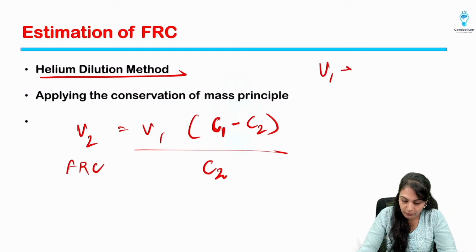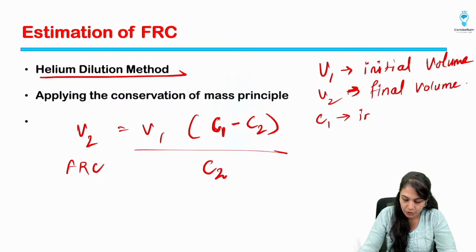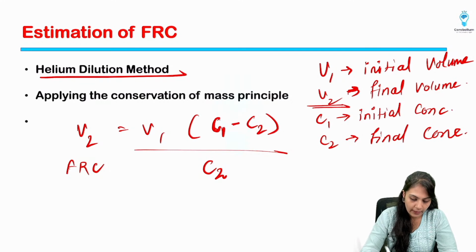So V1 is the initial volume, V2 is the final volume, C1 is the initial concentration, C2 is the final concentration, right? And V2 is what we are taking as FRC.